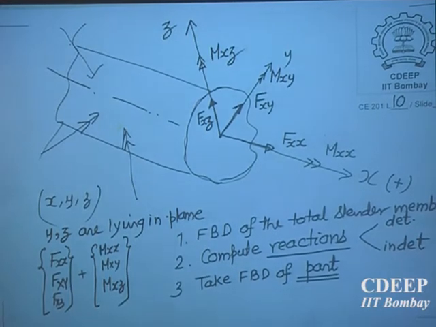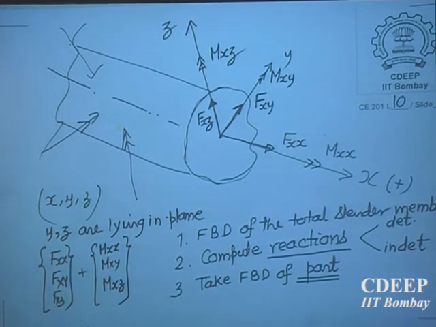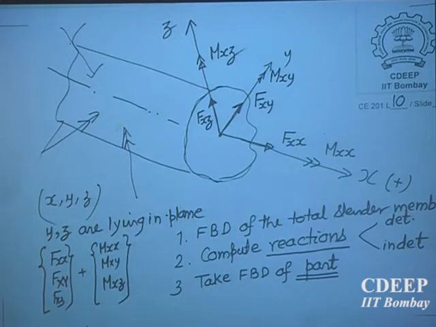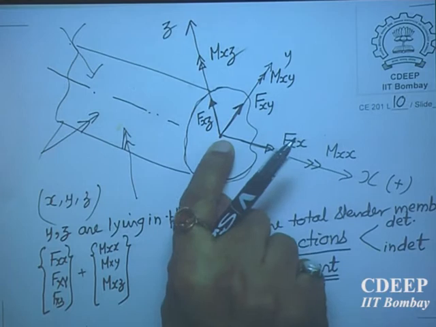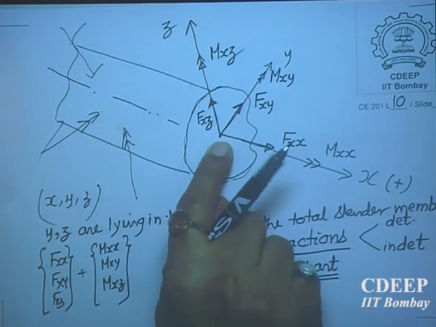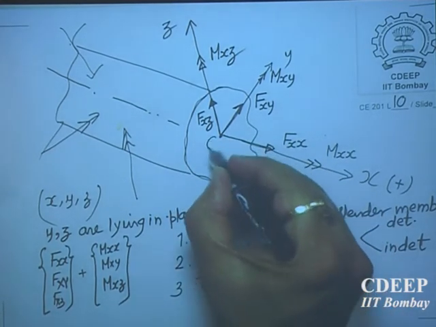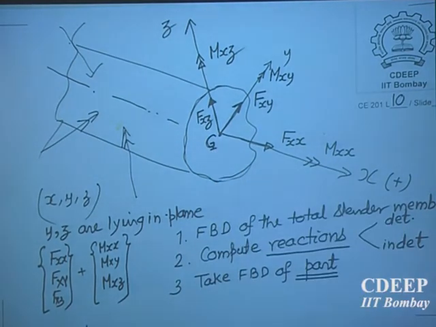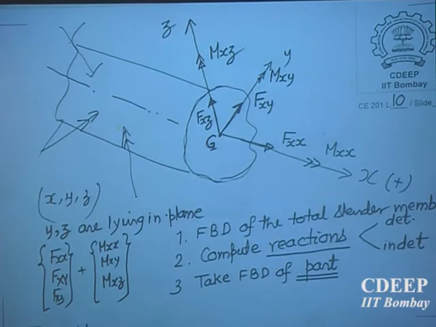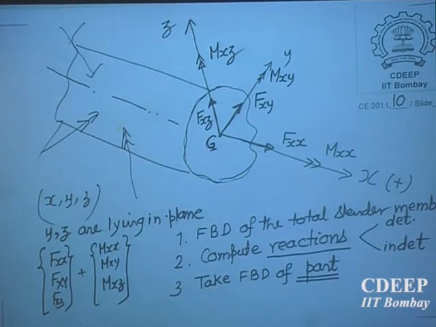So in general you will have three linear forces and three moments on any cut section at a particular point. I am talking of a particular point on that plane, let us say the centroid G, center of gravity of the plane. So at G you will have three forces and three moments. How have you got this?